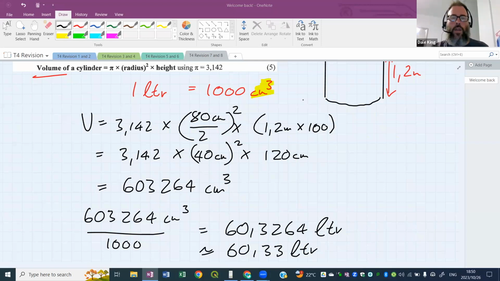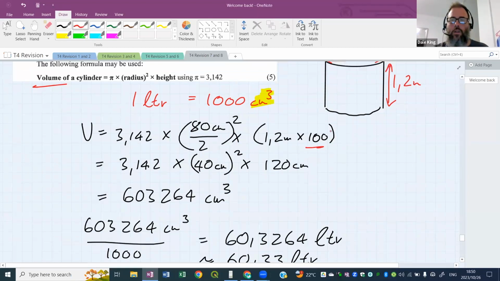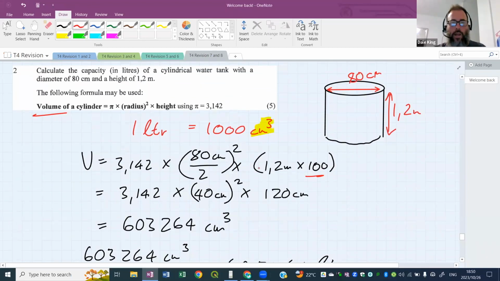Are you all with me? So where did you get the 100? Thank you for your question. When I put this information into the formula for my height, you see there in the question, the height is this height here. But I don't want to put meters into this formula.